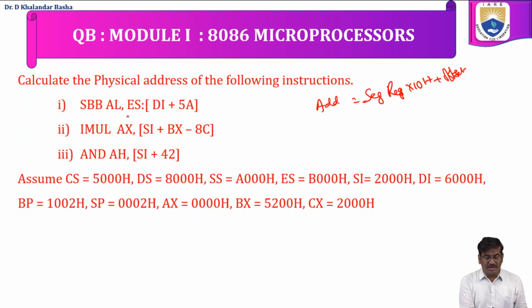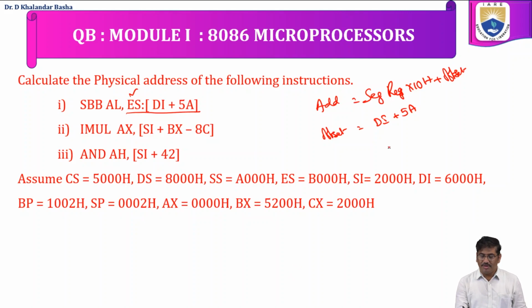For the first instruction, the source data exists in the extra segment. The offset is given through DI plus 5. So first we will see the offset value, which is the sum of the DI register plus the immediate data, that is 5H.